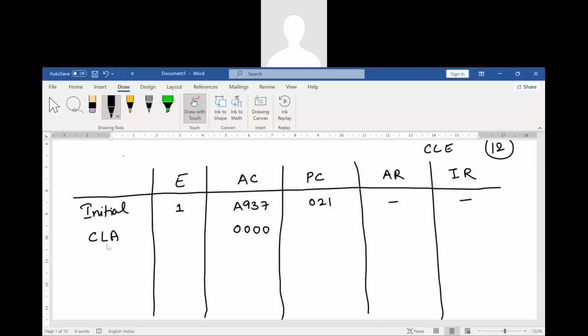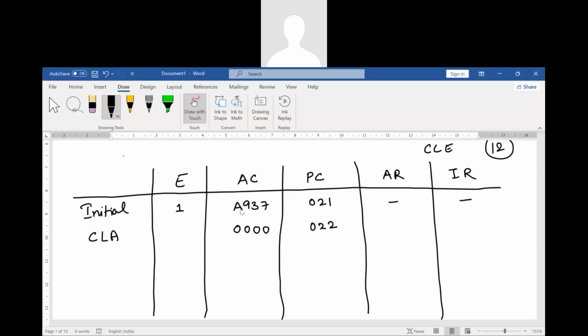As soon as this instruction is fetched in IR, the content of PC is incremented by 1 and is ready for the next instruction to be executed. So the value of PC would become 022. When this instruction CLA is fetched, what is the instruction code for the CLA instruction?